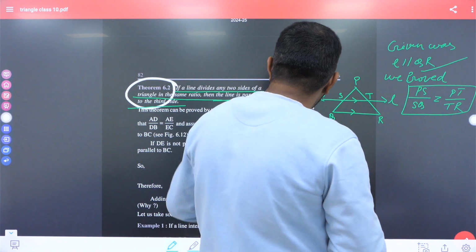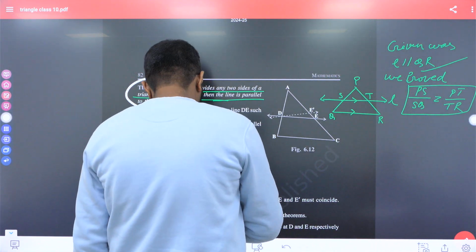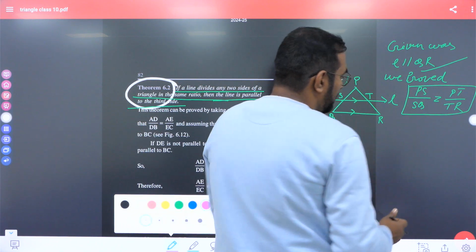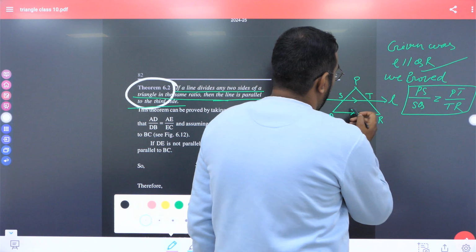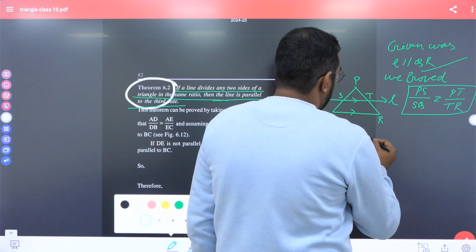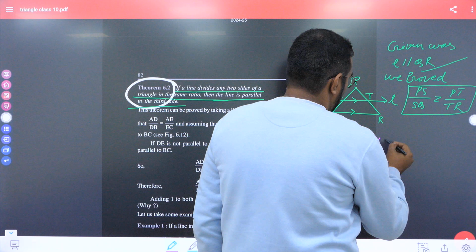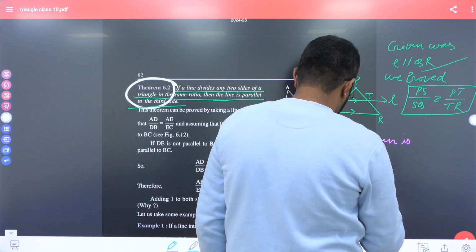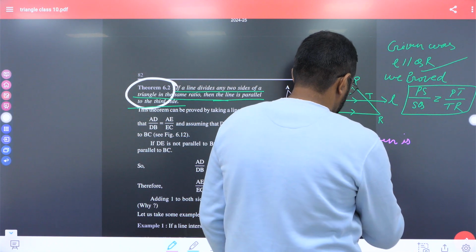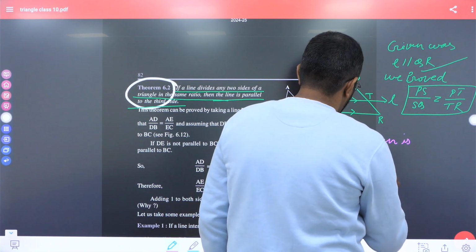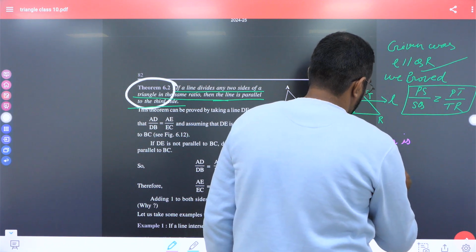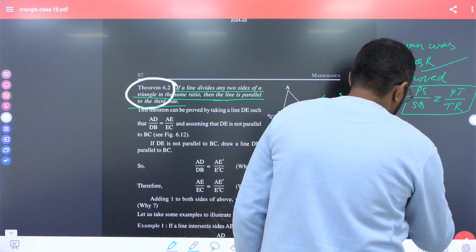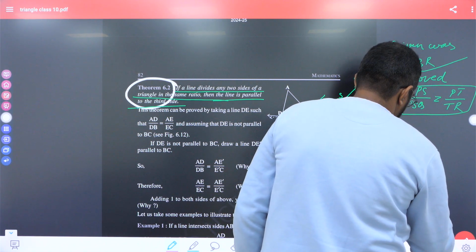But in this theorem, it is a different theorem. It is the converse of theorem 6.1. It is given that PS upon SQ is equal to PT upon TR.